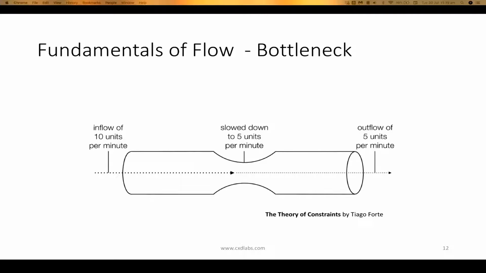Now, another thing about bottlenecks is that the performance of the whole system is dependent on the bottleneck. Like any system, there's always going to be a bottleneck, like there's a weakest link in every chain. So the whole system is limited by that bottleneck. You've got 10 units coming into the bottleneck, 5 units coming out. Even if you make that 20 units coming in, it will only ever be 5 units coming out.